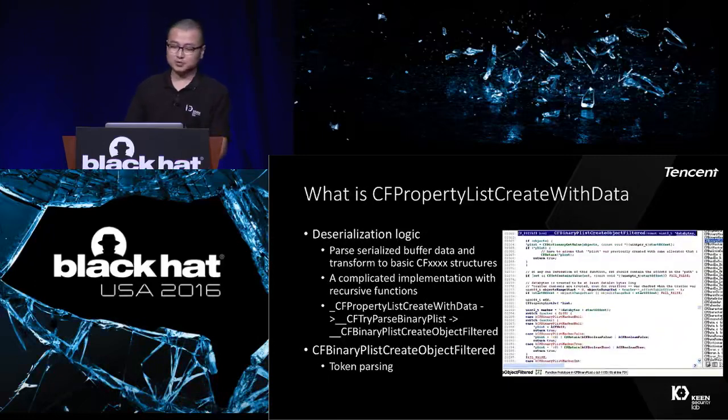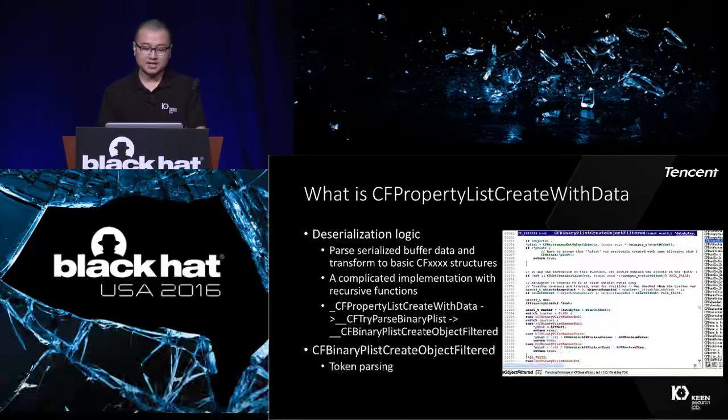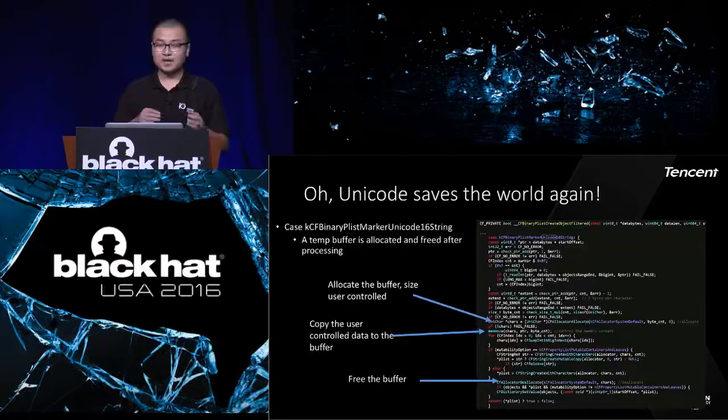And then we try to audit this function, and finally we found that if we pass the Unicode string, then we will have this kind of operation. Like in this line, it tries to allocate memory with the bytes that you can control, and then it copies the content of the Unicode string into that buffer and then frees it.